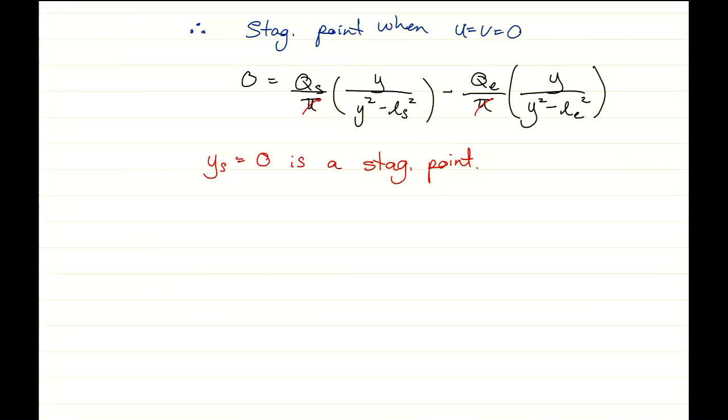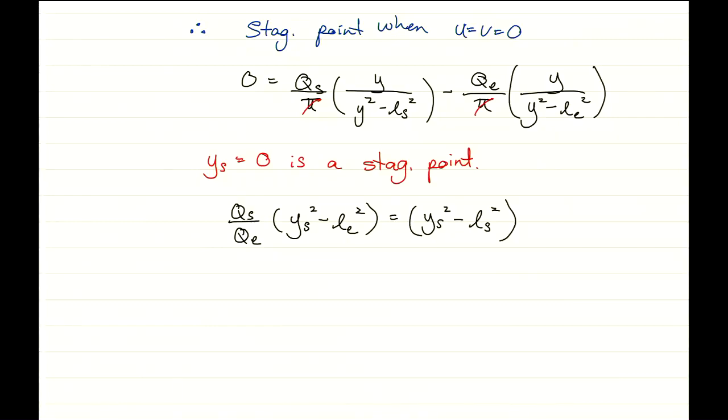So I'm going to get QS over QE times (ys squared minus LE squared) equals ys squared minus LS squared. Okay, and I'm just going to bring ys to the left-hand side so I can have an expression for ys in terms of QS, QE, LS, and LE.